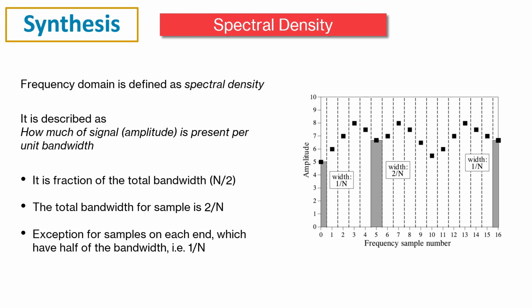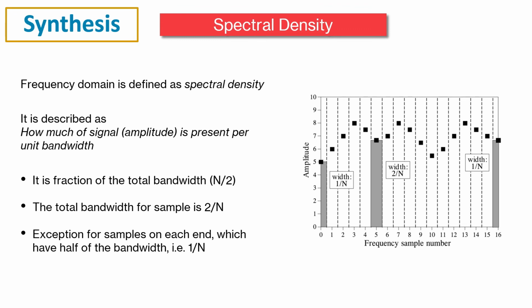If sample number 1 is here and the second sample is here, we draw a line between sample 1 and 2, meaning at 1.5. The next line will be at 2.5, 3.5, 4.5 and so on, and the bandwidth for each sample will be the area between the two lines around it.